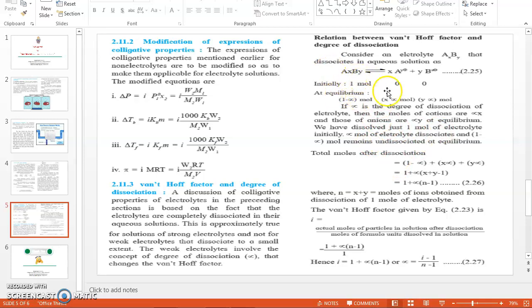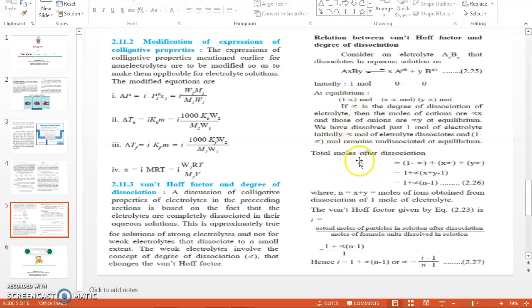Initially, of 1 mole of electrolyte, alpha moles dissociate and 1 minus alpha moles remain undissociated at equilibrium.